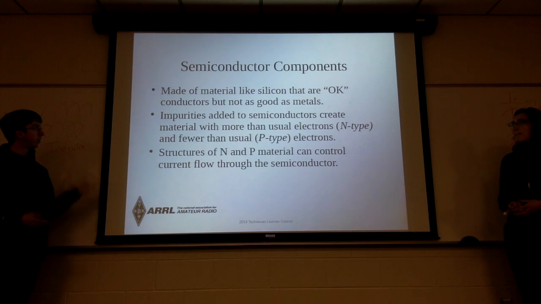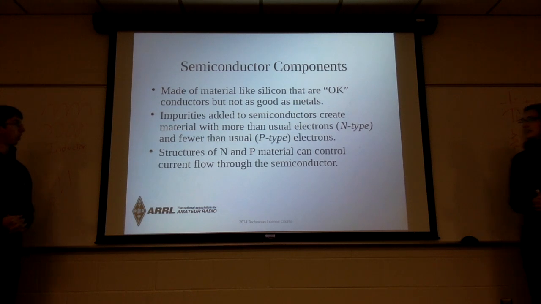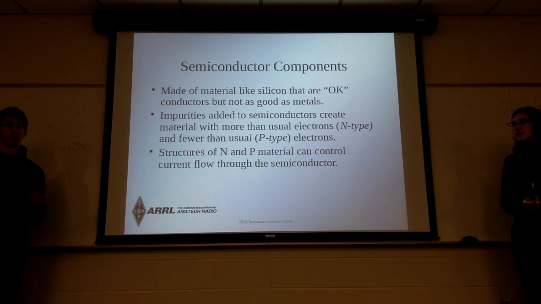And that converts our silicon into a p-type or n-type, depending on if there are more electrons, n-type, or fewer, p-type. The opposite of an electron is called a hole. Electrons want to fill a hole, so p-type material is mostly holes, and an n-type is mostly electrons.